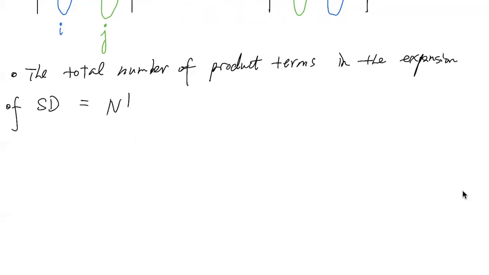It is equal to n factorial, right? That's easy enough. And that's why the normalization constant is 1 over square root n factorial.